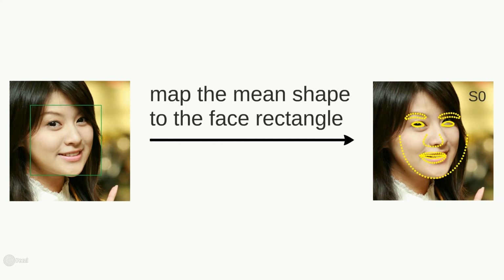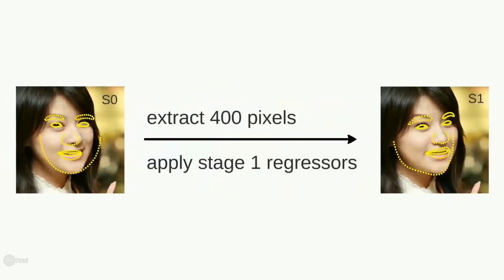Okay, now we have the mean shape, we call it shape 0. And then we extract 400 pixels from the image based on the location of the shape. And then we apply the first stage regressors. After the first stage regressors are applied, we get shape 1.